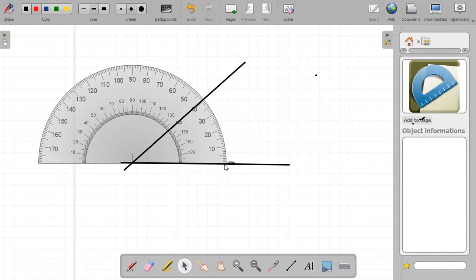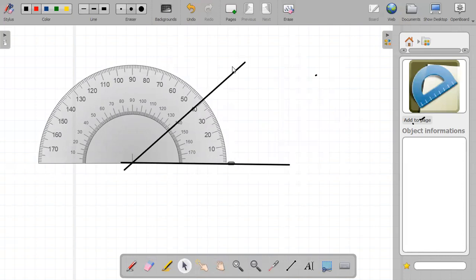From that zero, we have to count numbers up to the next arm. The other arm is there at 40. It has passed 40. Now can we take 40 or 41? It has exceeded, that's why it is 41.